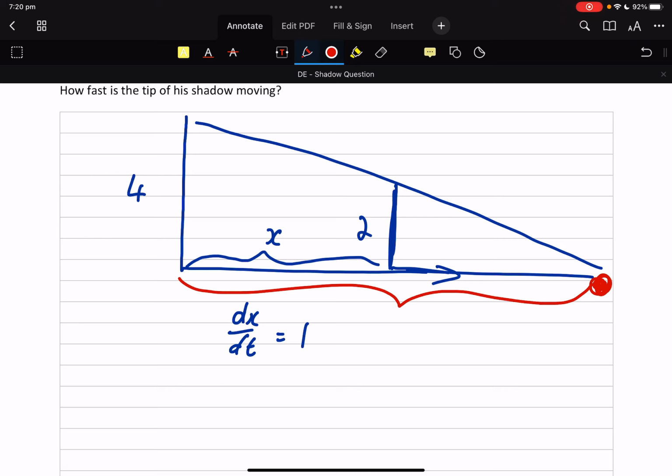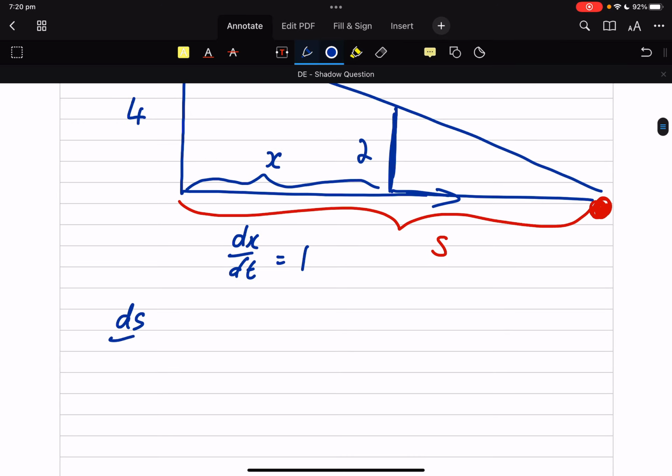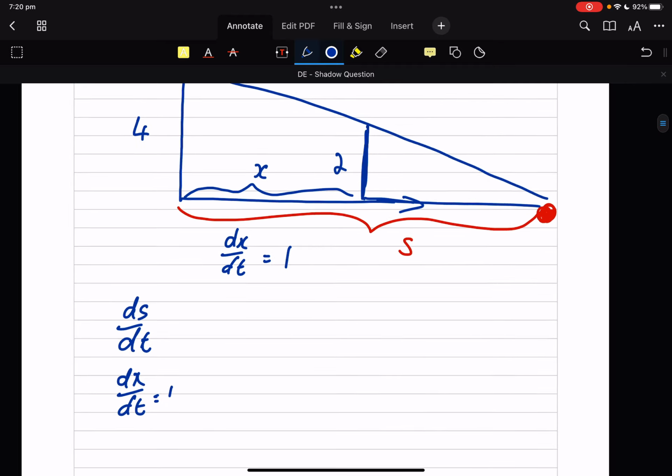So if I label that as S, then that will give me how fast the red dot is moving away from a stationary point, which is the speed over ground. So I really need to find ds dt, and I know dx dt is 1.